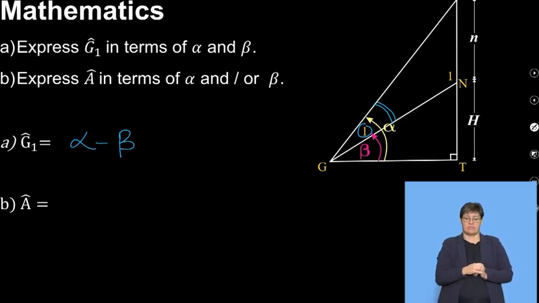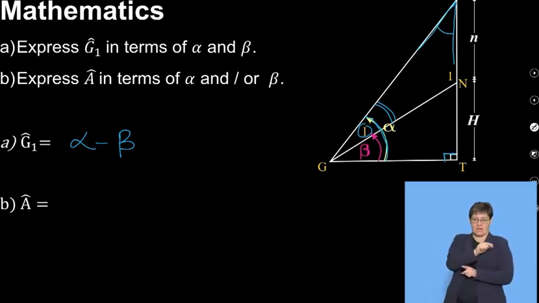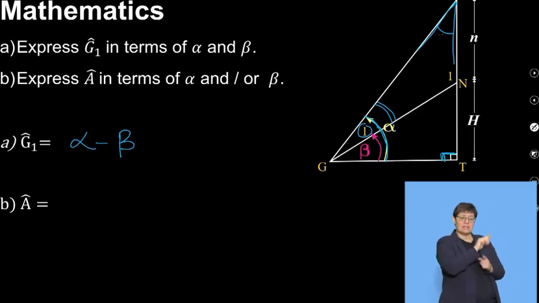And the next question they asked us is to find A. Now, A is in this big triangle here. It's part of the triangle AGT. And in this triangle, we've got A, we have this 90-degree angle, and this angle here, we know is alpha. So, what will A just be? Because this angle is 90, it means the two remaining angles have to add up to 90.